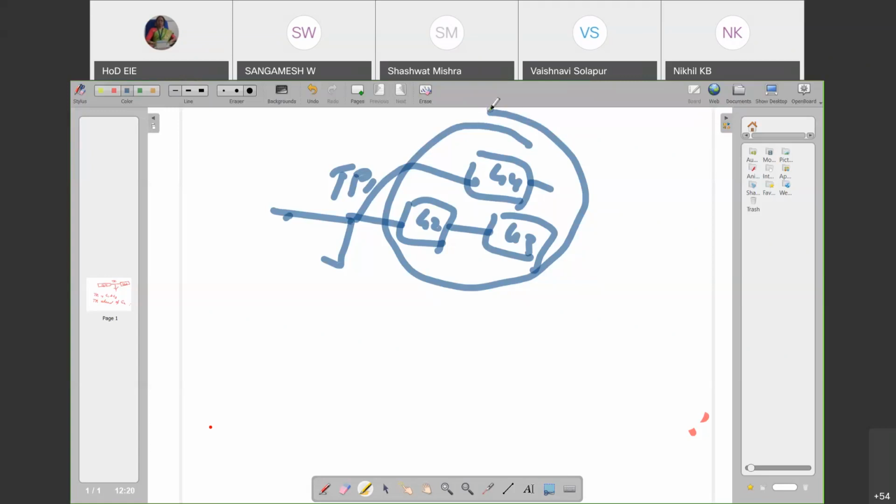Then after removing S4, the next step is to move summing element S3 ahead of G1. Move summing element S3 ahead of G1.